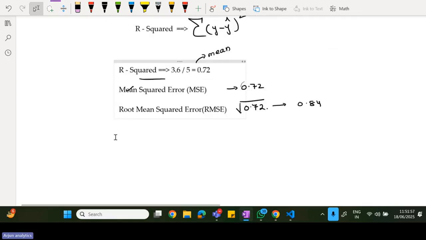There is one more, absolute. We call it mean absolute error, which is identified as MAE. What is this?